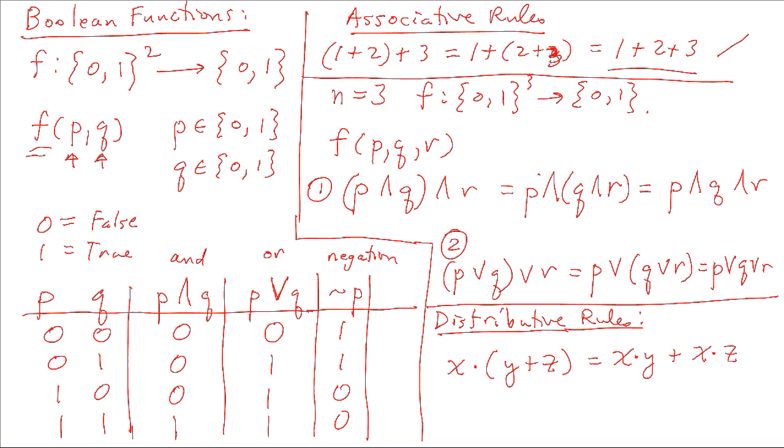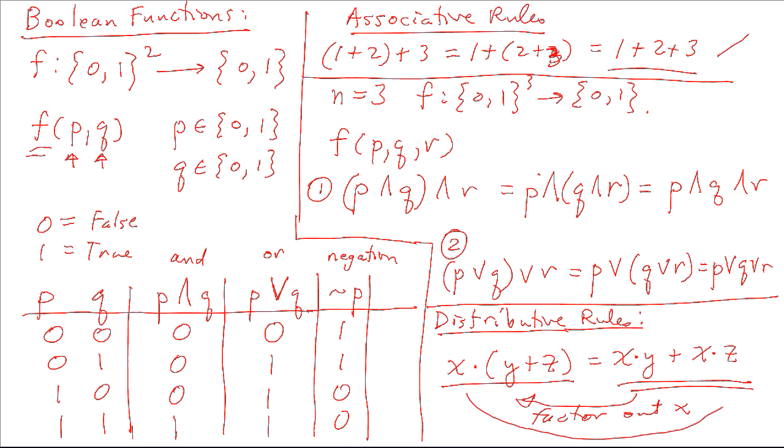If you see the right-hand side here, you'll see a common factor in x, and you will factor out the x to go to the left-hand side. If you see the left-hand side, you know that you can go to the right-hand side by just distributing the x.